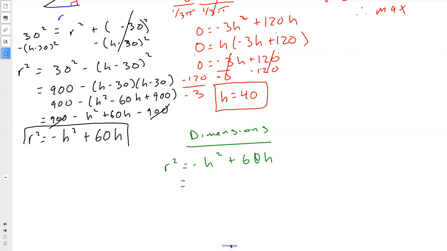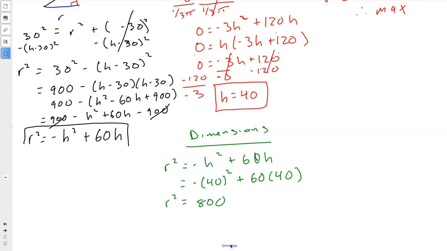We may as well leave this in terms of r squared because when we're going back to find the max volume, the equation already has r squared in it. So we can kind of leave that alone for the meantime. Okay, so r squared is equal to negative 40 squared plus 60 times 40. Okay, so r squared will equal 800.